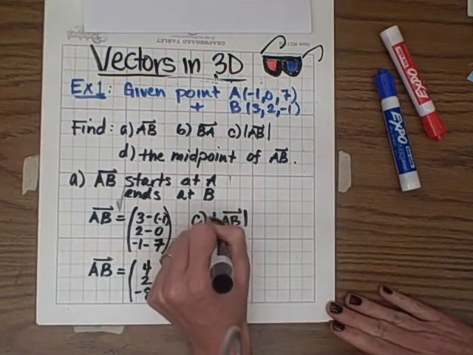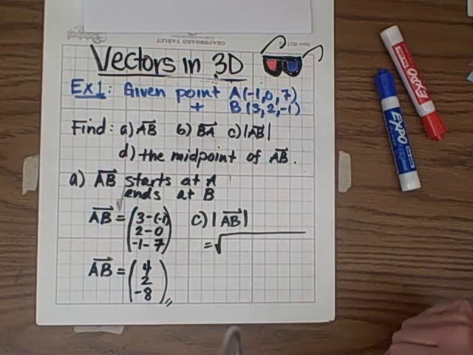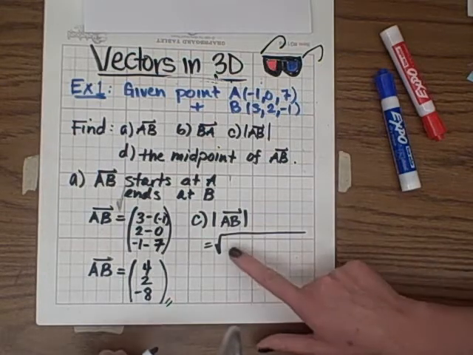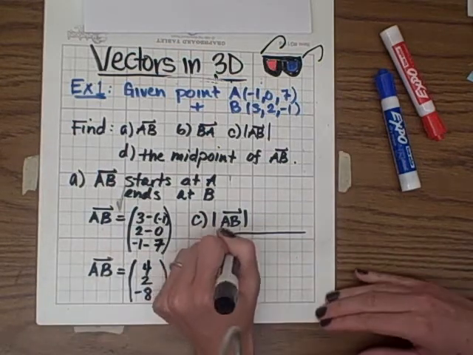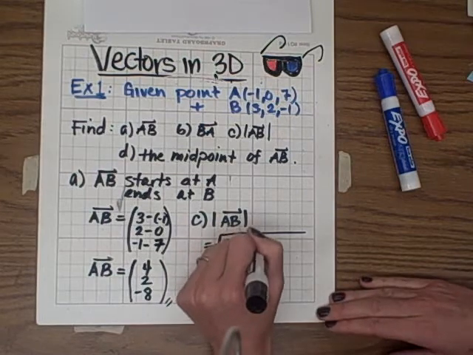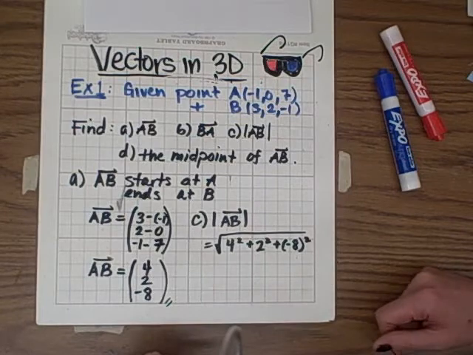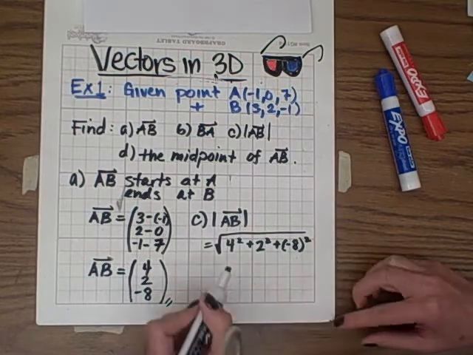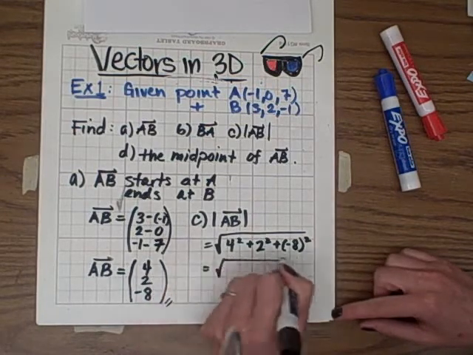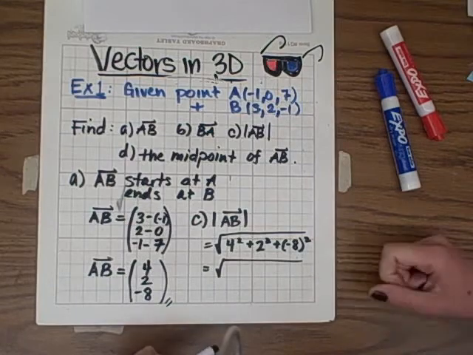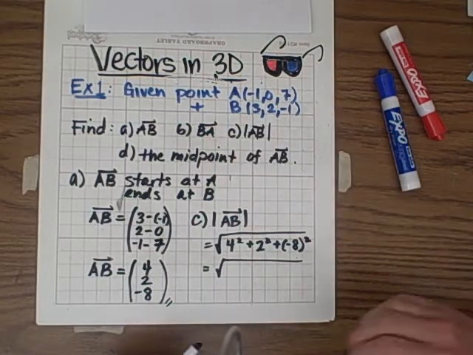And that is that 3-dimensional looking Pythagorean theorem thing. So I'm going to have 4 squared plus 2 squared plus -8 squared, and I'm going to add those squares and take the square root, and that is going to be my distance from A to B, which is the length of vector AB.